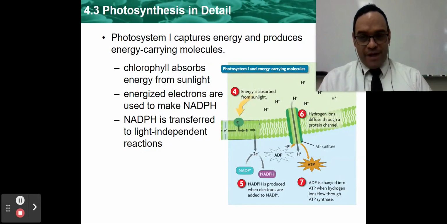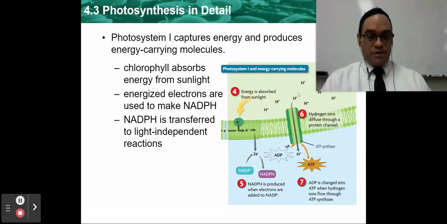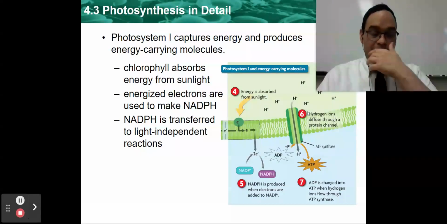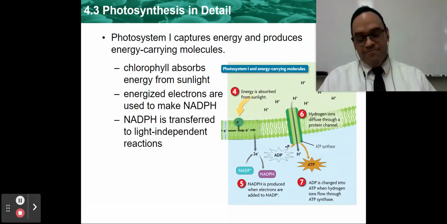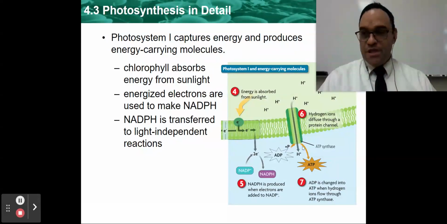light independent reaction. Okay, that's part of photosystem 1. Another part of photosystem 1 is all these H pluses that have built up inside the thylakoid membrane are now ready to go. They are now ready to be used. And the way they're used is the H plus, the hydrogen ion, comes through this protein in a process called facilitated diffusion.